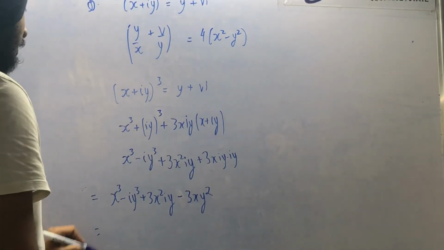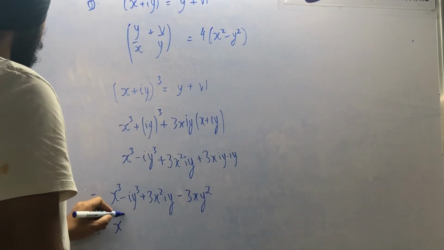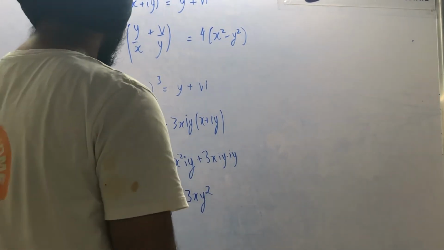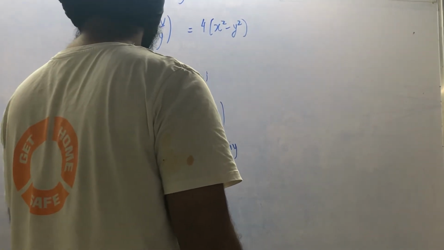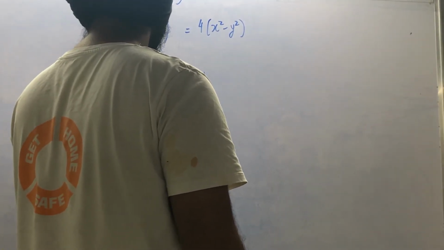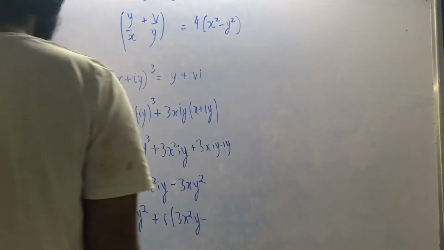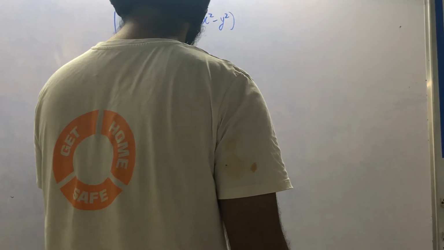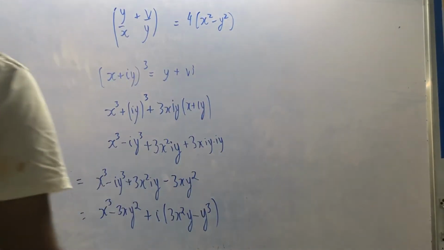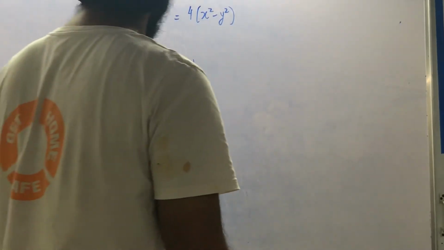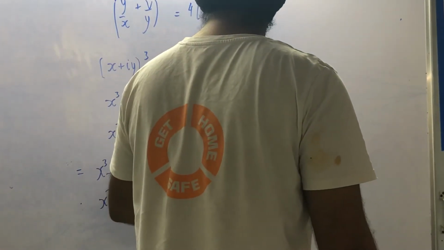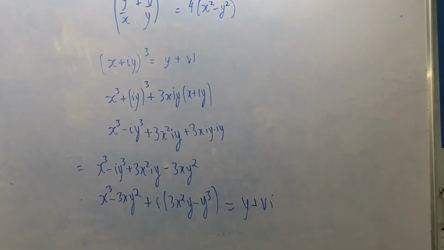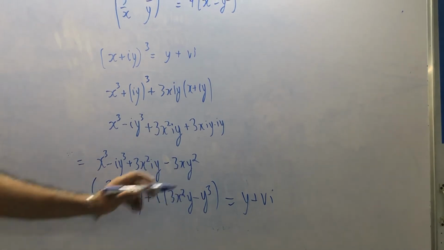Okay, separate the real and imaginary parts. So x cube minus 3xy square, plus iota into (3x square y minus y cube). And this whole expression is equal to u plus iota v.